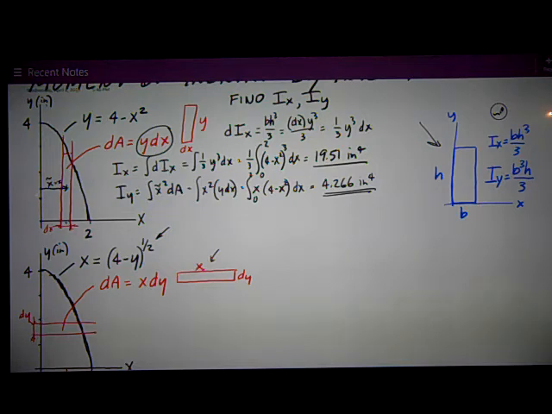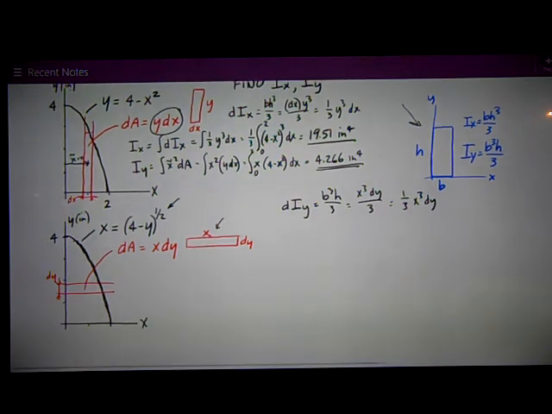So we want to say dIy in this case is b cubed h over 3. Well, b is x, so it's x cubed, h is dy, and then divide by 3. Rearrange that and just call it very similar to that other one, 1/3 x cubed dy.